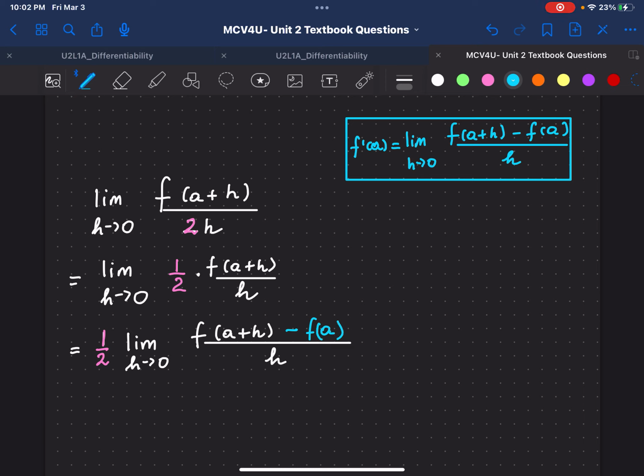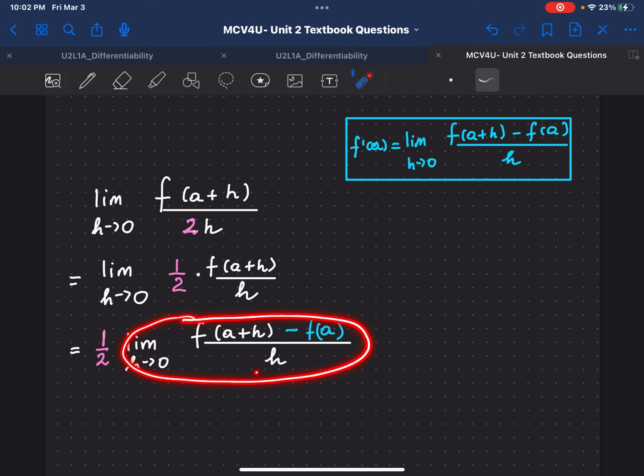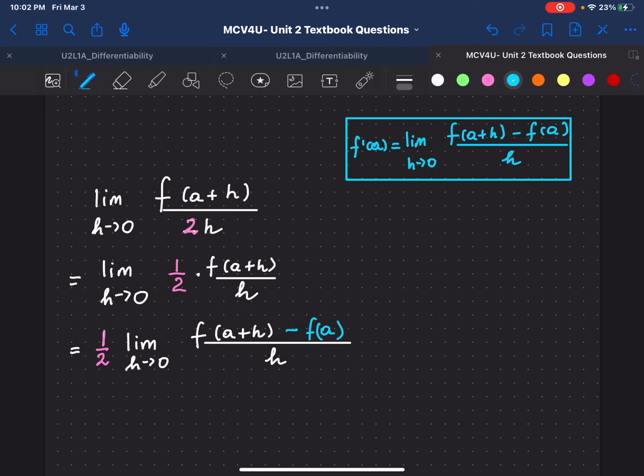And as you can see now, we have the perfect first principles formula, which represents the derivative of the function at a. But we also know that subtracting a random number from an expression is not that cool because it changes the value of the expression, and we're not allowed to do that. So in order to fix this problem, we're going to add it.